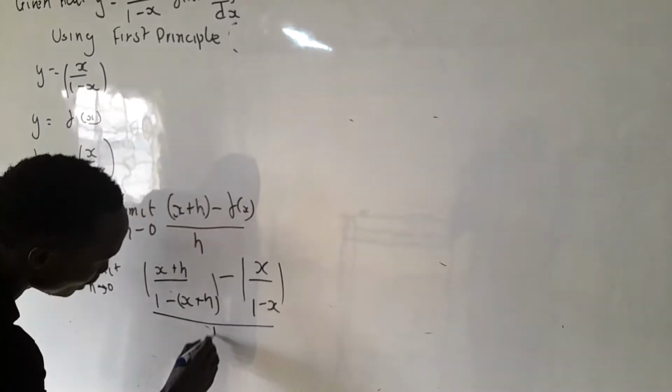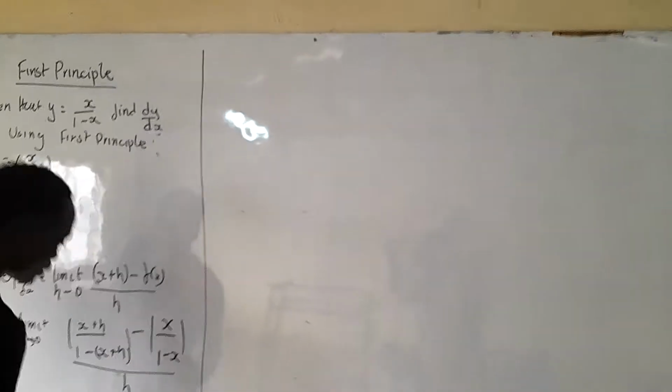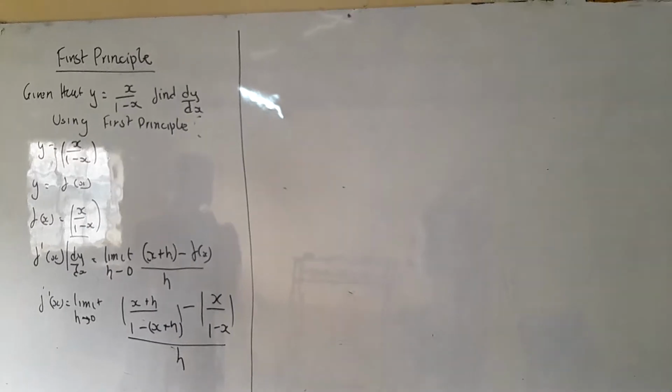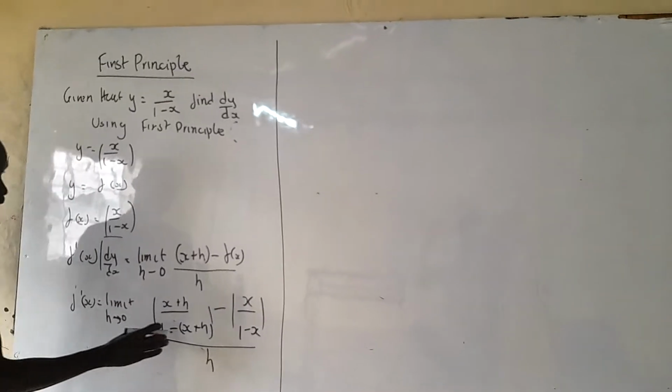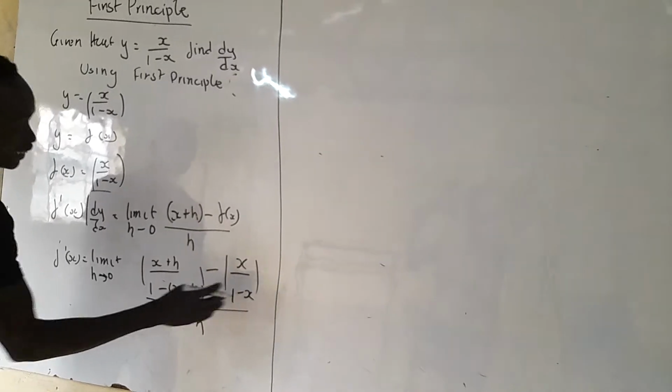Everything you divide by h. Now when you reach here, what you do, you will find the LCM between 1 minus in bracket x plus h and 1 minus x.